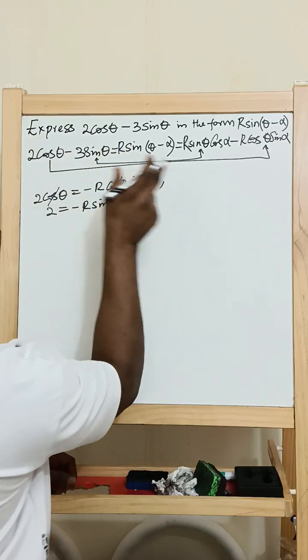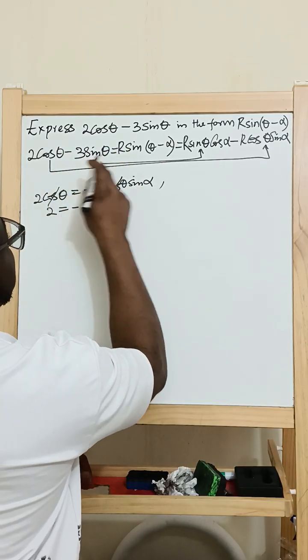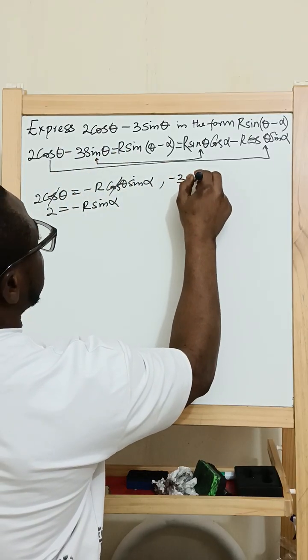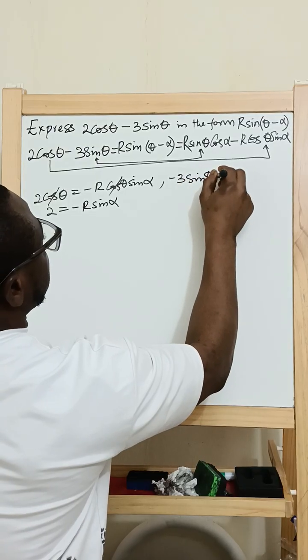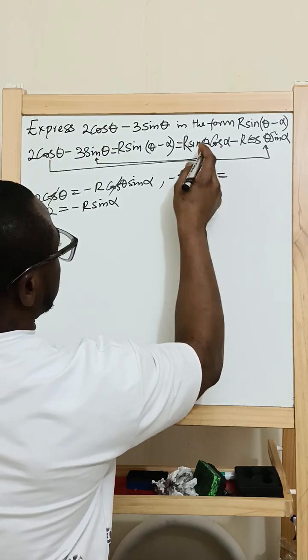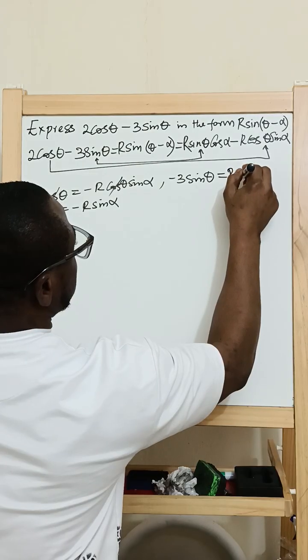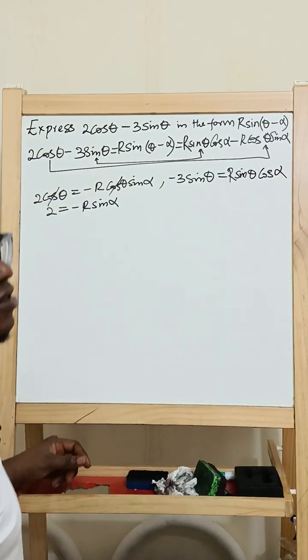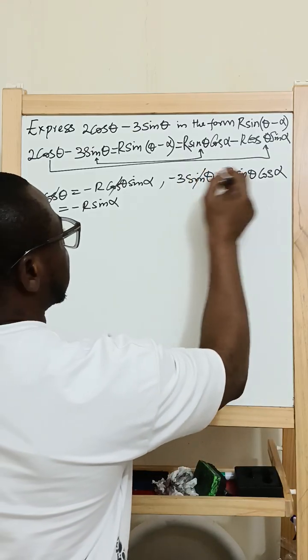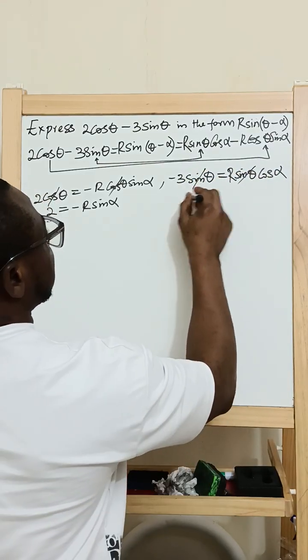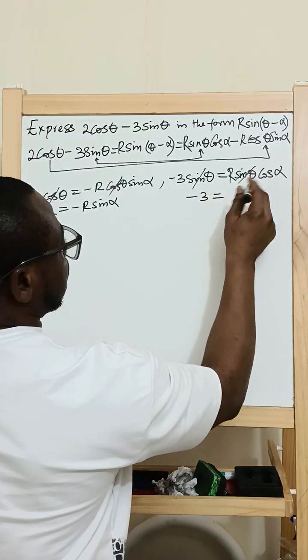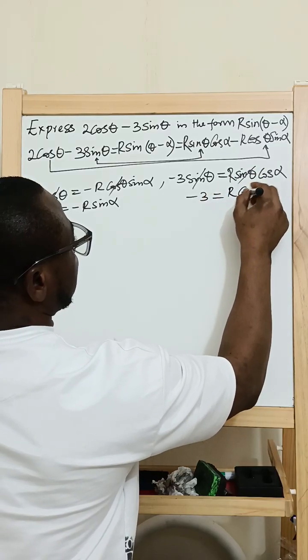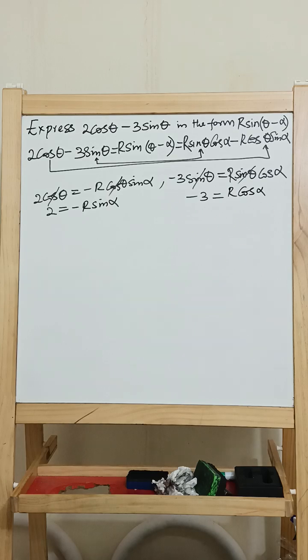Let's look at the other one. Minus 3 sin theta is equal to r sin theta cos alpha, and sin theta cuts sin theta. So minus 3 is equal to r cos alpha.